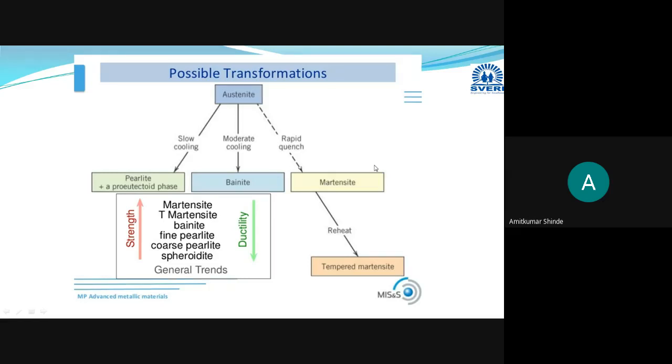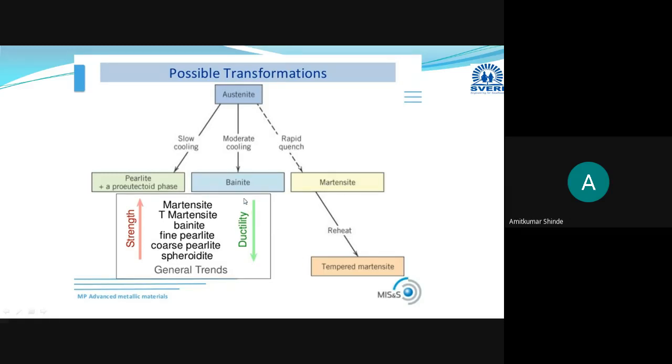You have to remember this chart of austenite, its different transformation products and their properties. Whenever you want to improve hardness, strength, or cutting ability, you have to get these phases. These phases are desirable. Martensite is desirable when you want more hardness.